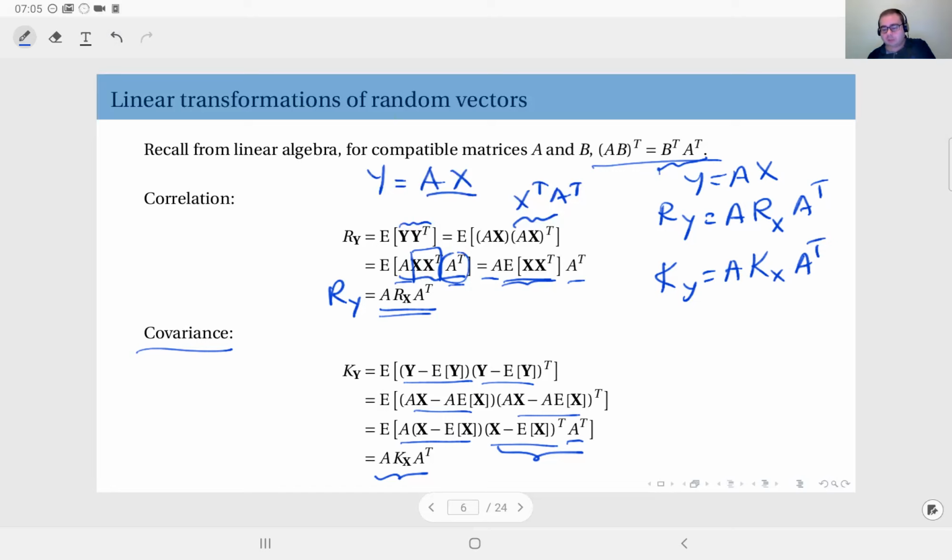It's important. Sometimes when A is not square, it's evident because the matrices need to be compatible, so you can easily see where you should put A and where you should put A transpose. But when A is a square matrix, sometimes it might be confusing. Is it the first one? Is it the second one? So you need to be careful about which one has the transpose and which one doesn't.